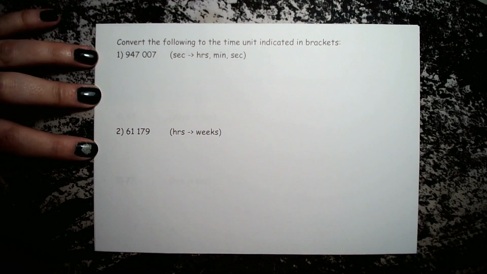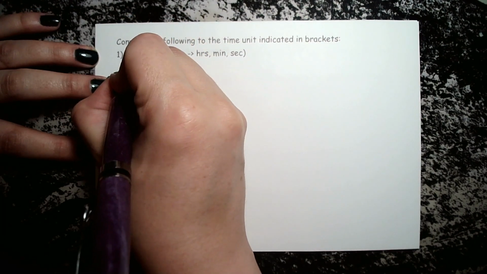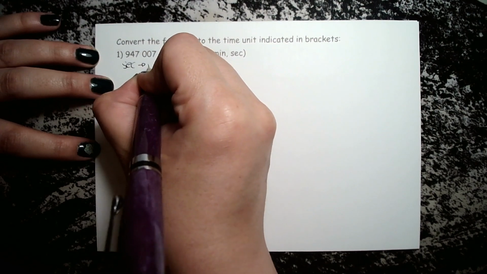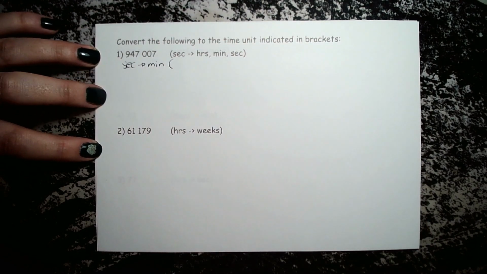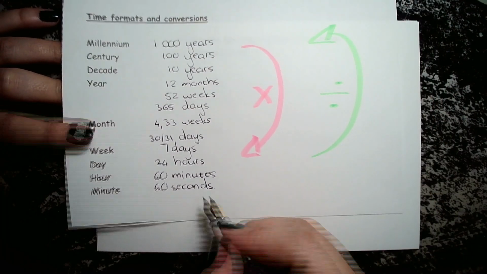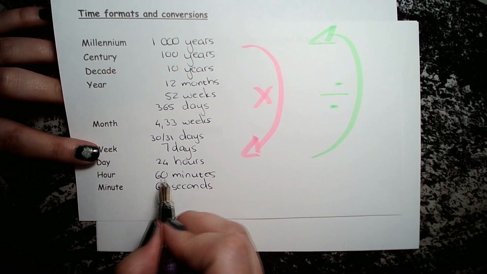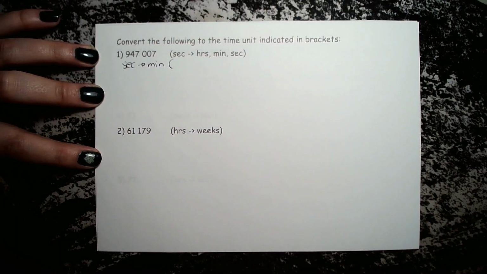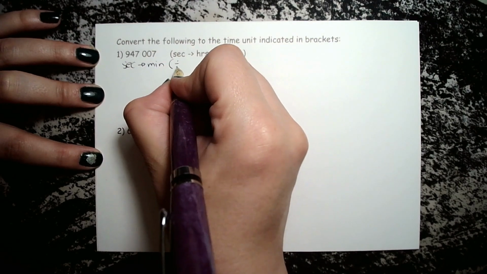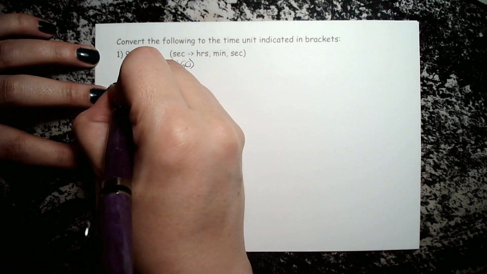Firstly, we are going to be converting from seconds to minutes. And in order to do that, if we were to look at this one again, we are going from seconds to minutes. So we are working in this direction. We will be dividing, and we will be dividing by 60. Divide by 60.